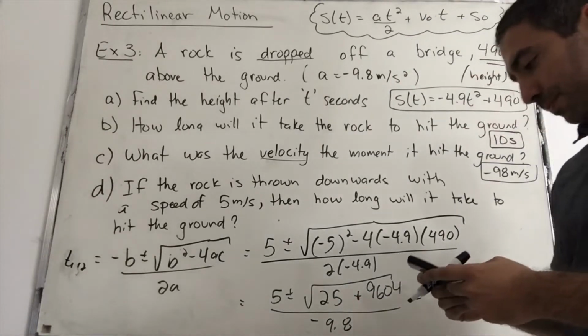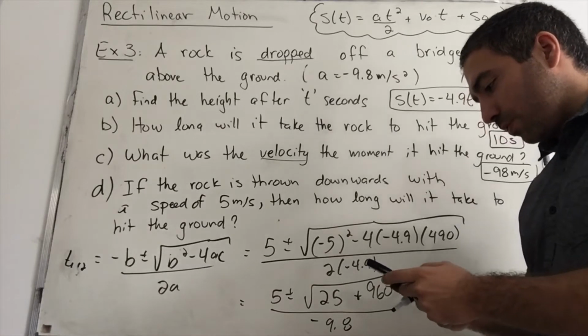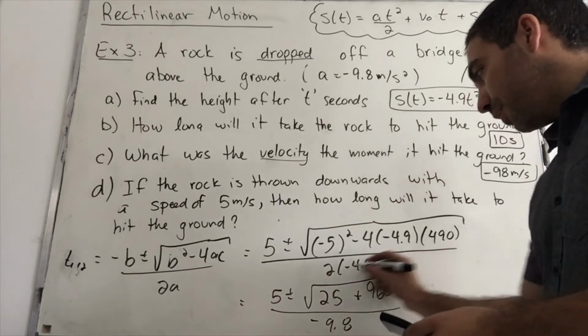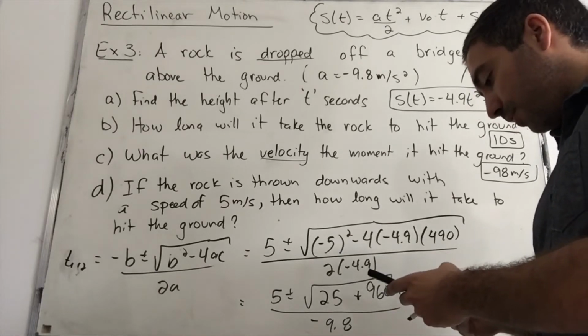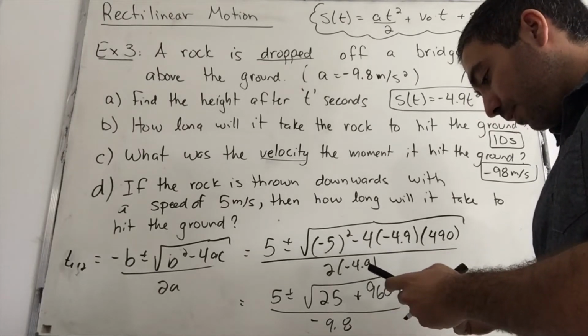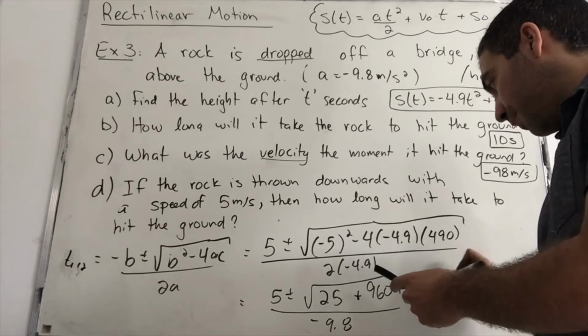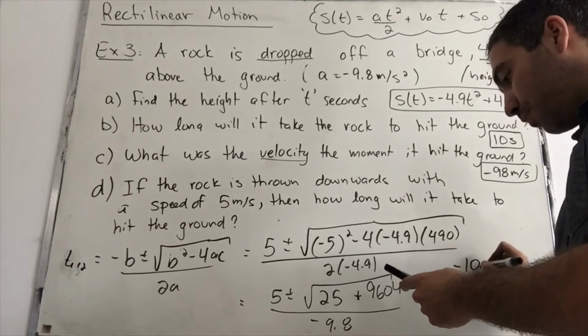Plus 25 square root gives me about 98.13. So this answer plus 5 divided by negative 9.8, my first answer is negative 10.52.